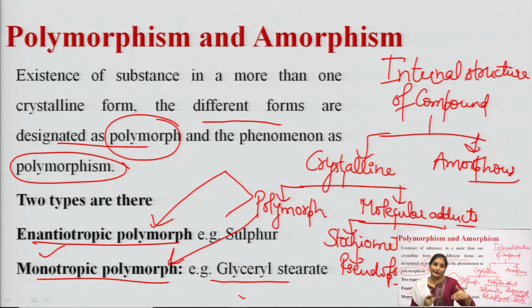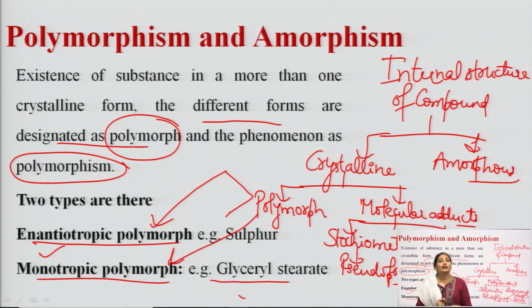Okay. As compared to this stable one, the metastable polymorph has a lower melting point, the highest energy state and also the higher aqueous solubility. So, as the metastable form has the higher aqueous solubility, dissolution of the metastable polymorph will be more as compared to the stable polymorph.